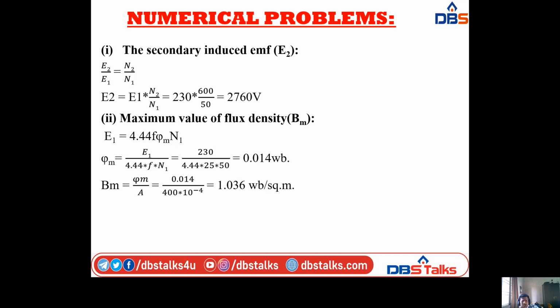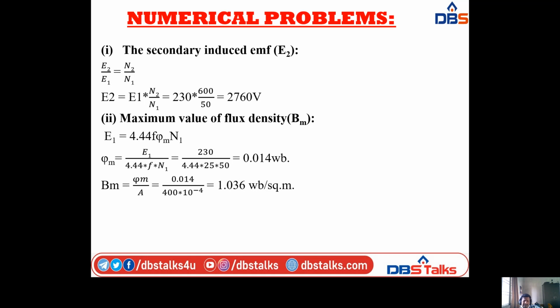So therefore E2 is equal to E1 into N2 by N1, 230 into 600 by 50. So the secondary induced EMF E2 is 2760 volts. There is nothing but this is a step up transformer, right? V1 230, E1 230, E2 2760, step up transformer.